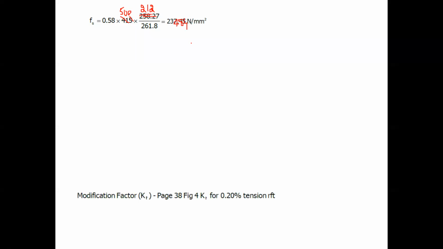Next, take down: modification factor you have to calculate. Correct? As per the IS 456 2000, page number 38, figure number 4, you have to calculate the KT value. So for the percentage of steel 0.21, and 212, right? So what is the answer?